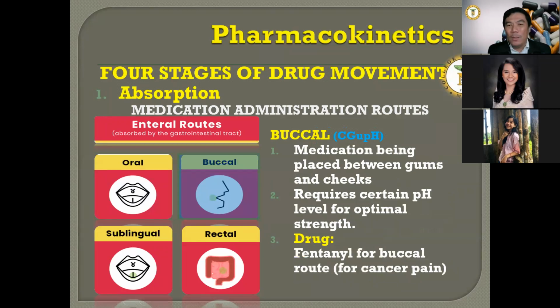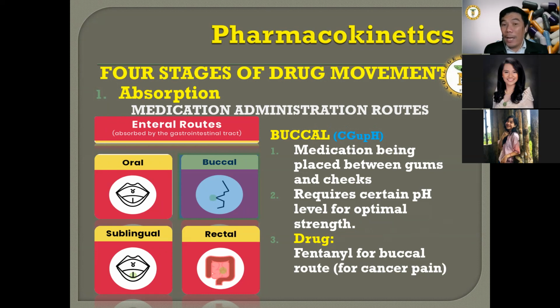For buccal, you will just remember C-Gup with H at the end. C-Gup meaning for buccal, the drug is being administered between the cheeks and the gums. So that is the CG. Now, when it comes to the pH, why include the pH?